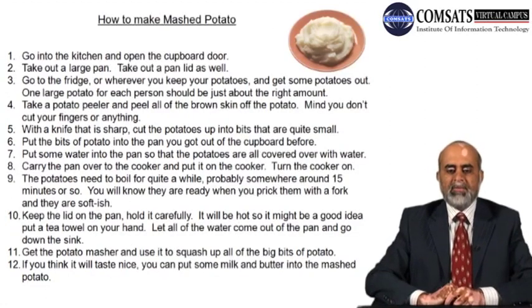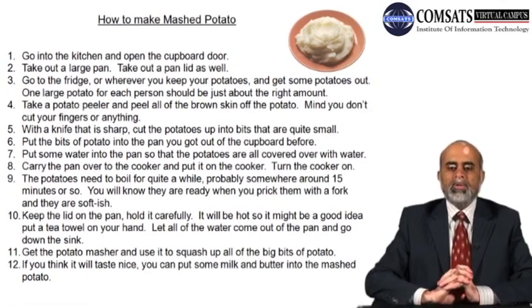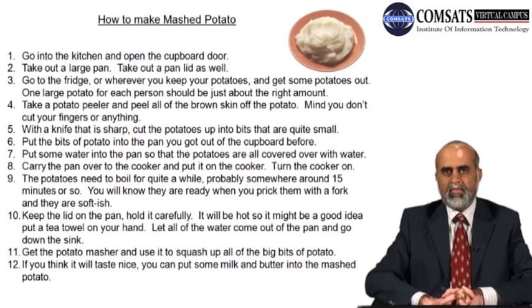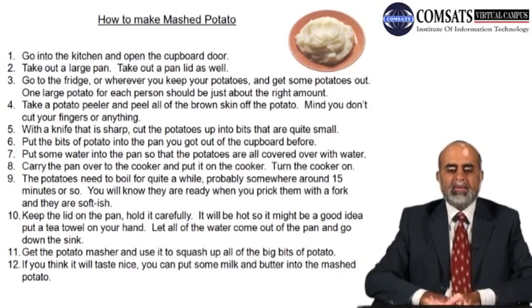Okay, now here we have an activity. Here you have 12 set of instructions on how to make mashed potato. All right, I would like you to go through it, take some time, go through this slide, and once you have finished it, I would like you to improve this set of instructions.